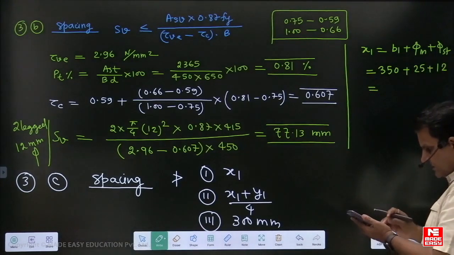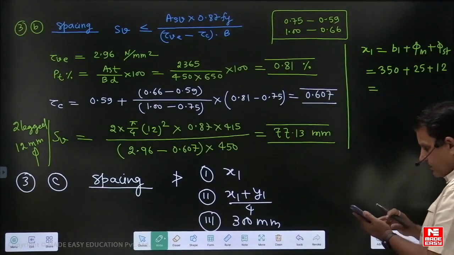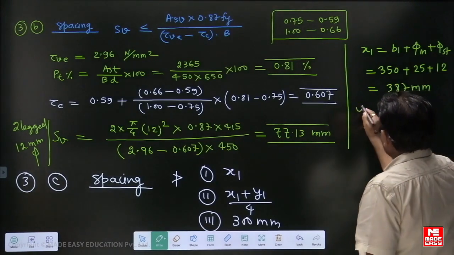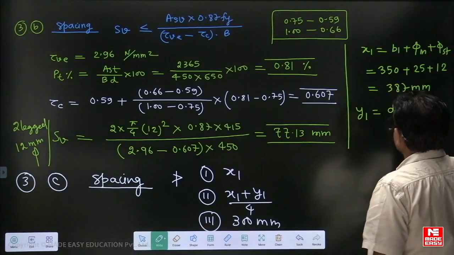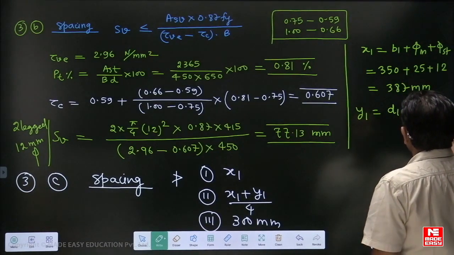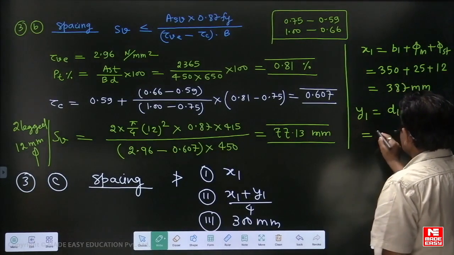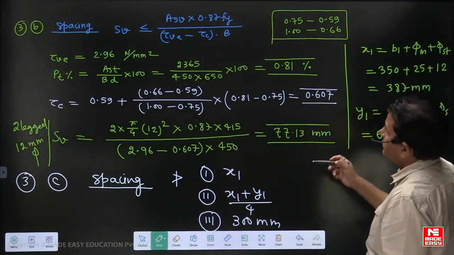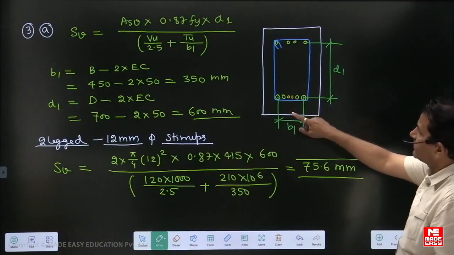So this is nearly 350 plus 25 plus 12, 387 mm. And the y1 value will be according to d1 plus diameter of main plus diameter of stirrup. You can use it. d1 is 600 mm. We have used d1 as 600 mm. Here we have calculated.